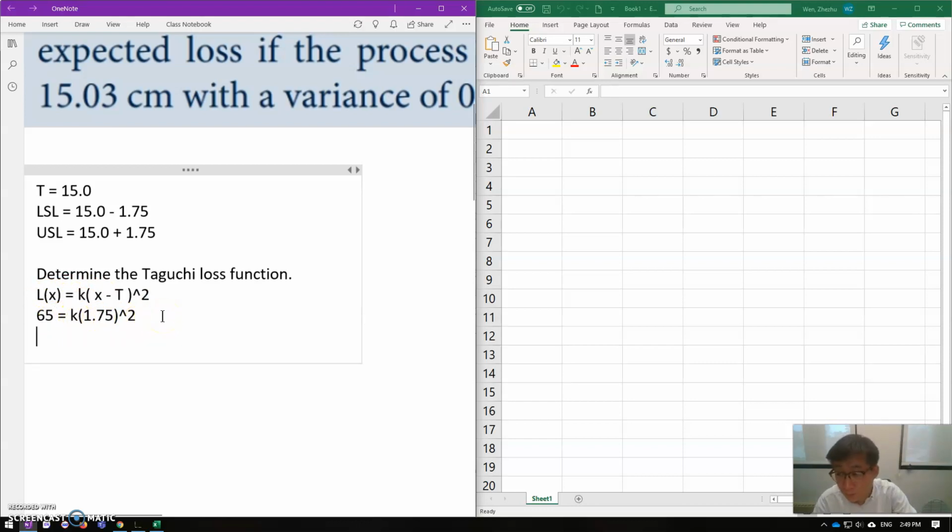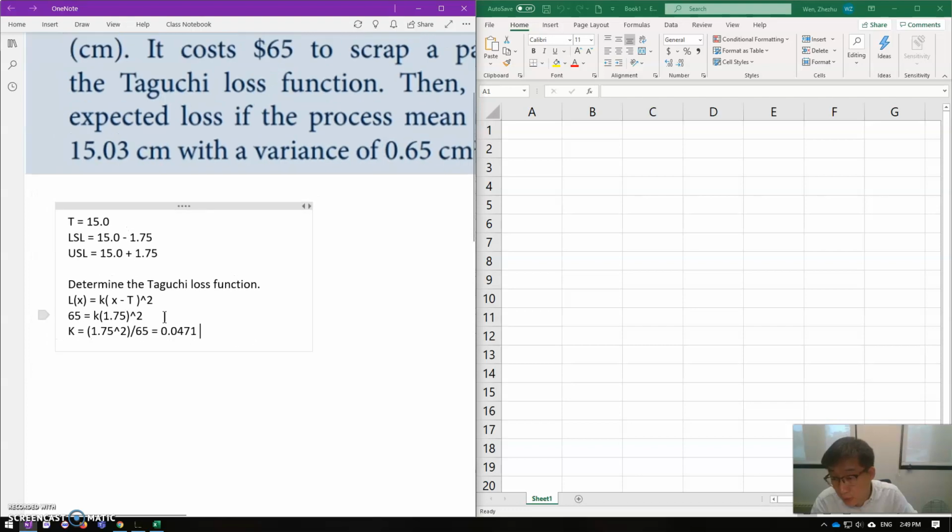So k is equal to 1.75 squared divided by 65. In this case, k has a really small value. Let me see if this calculation is correct. Okay, I think I flipped.